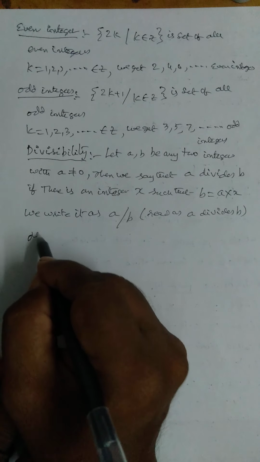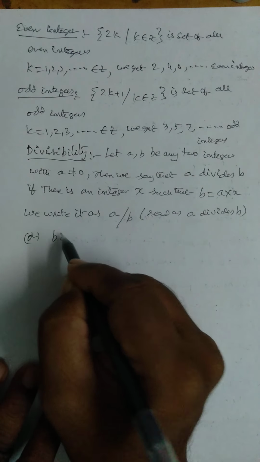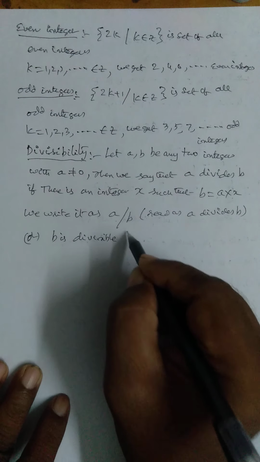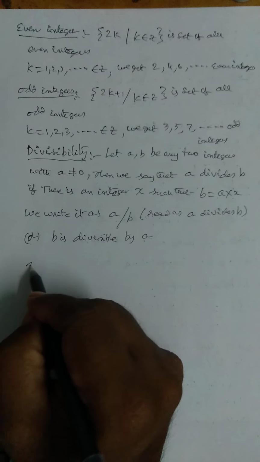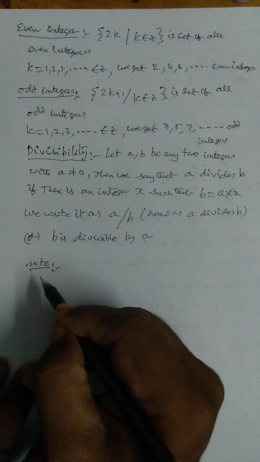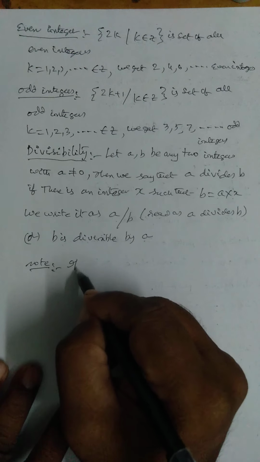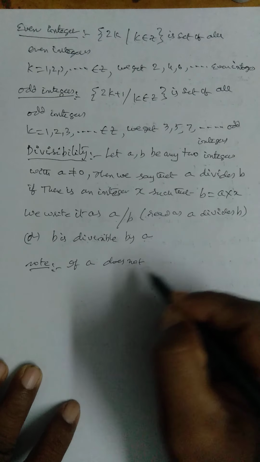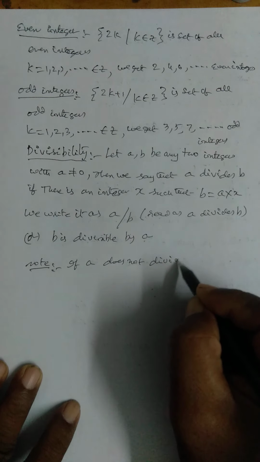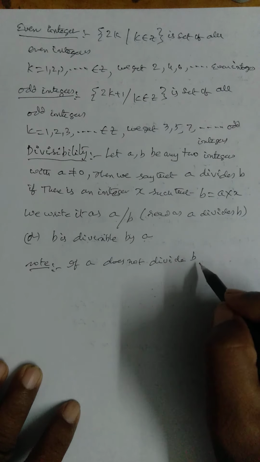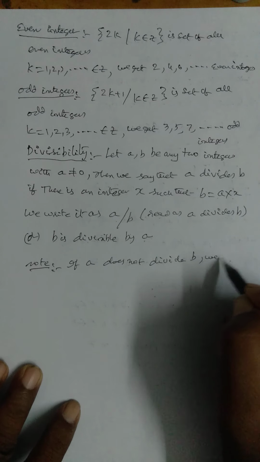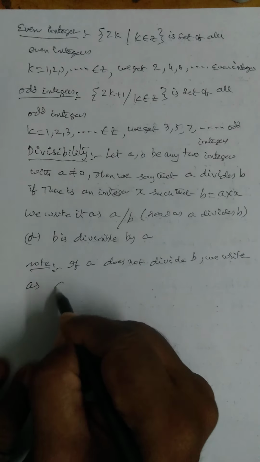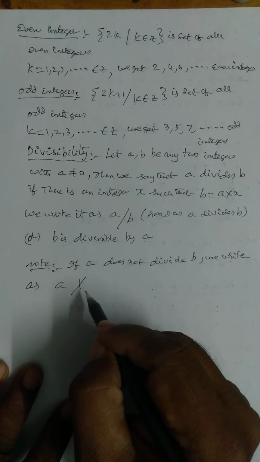Or B is divisible by A. Note, if A does not divide B, we write it as A does not divide B.